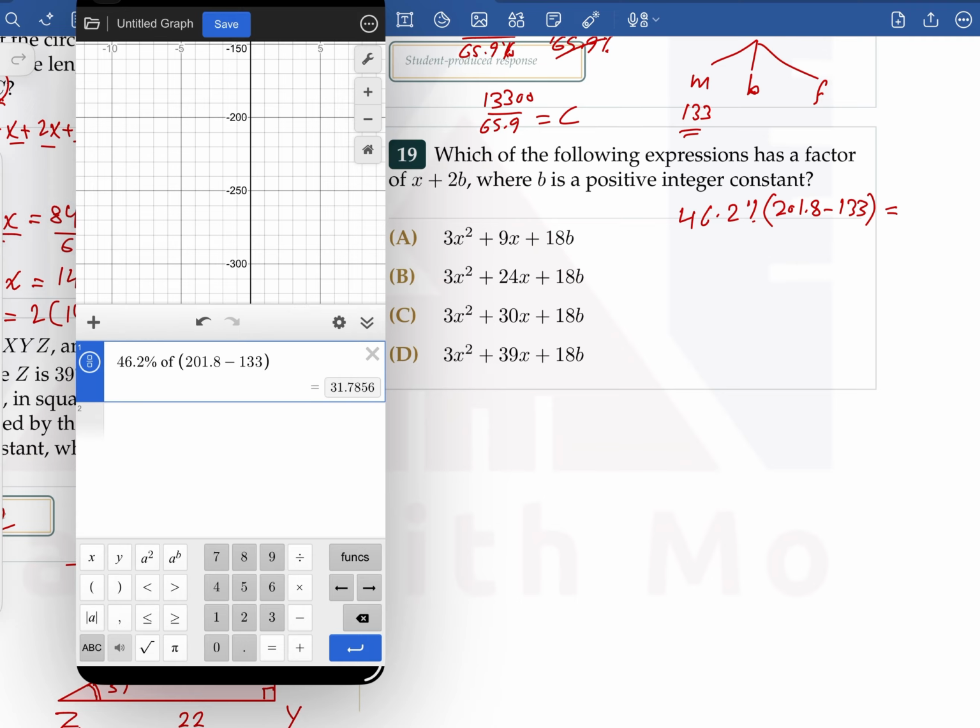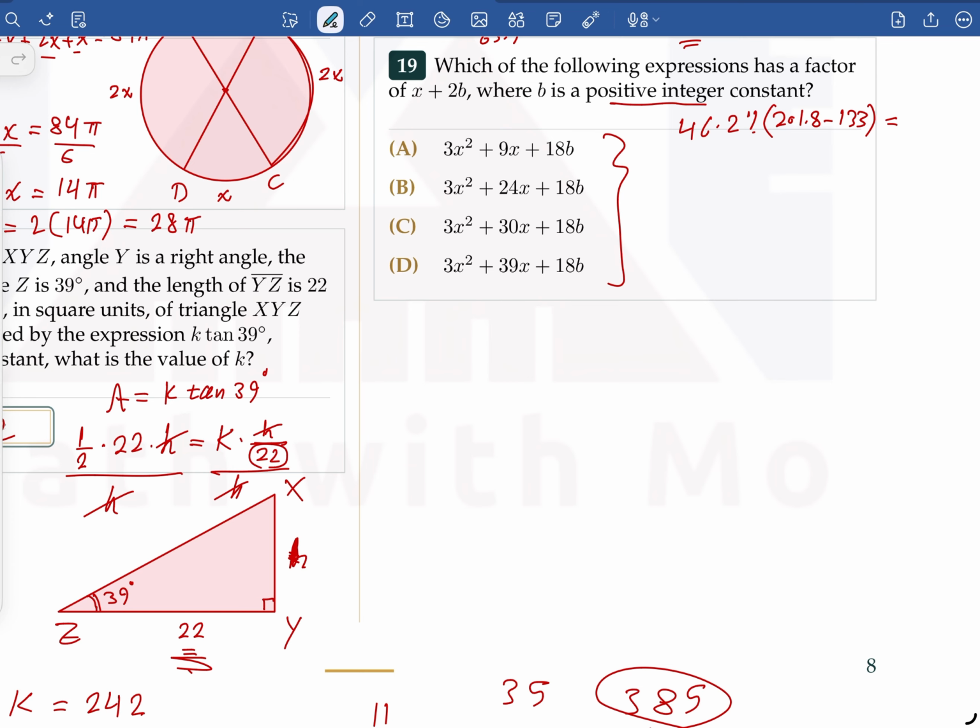That's our answer. Question 19, which of the following expressions has a factor of x plus 2b, where b is a positive integer constant? Which of these has this factor x plus 2b? And b is a positive integer.